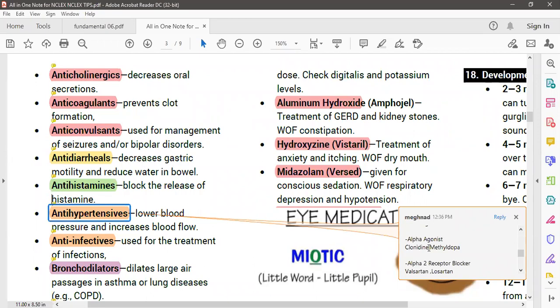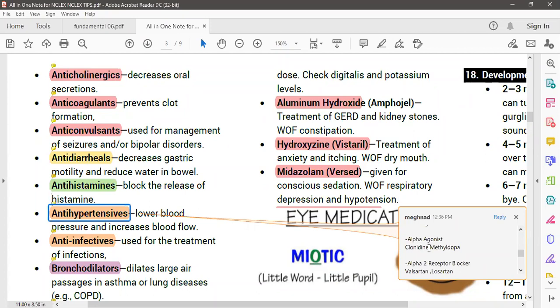The common side effect of alpha agonists, clonidine or methyldopa, is that they can cause postural hypotension. So when patients change their posture, tell them to do it slowly. If they lie down, better to sit first, and from sitting, then get up.